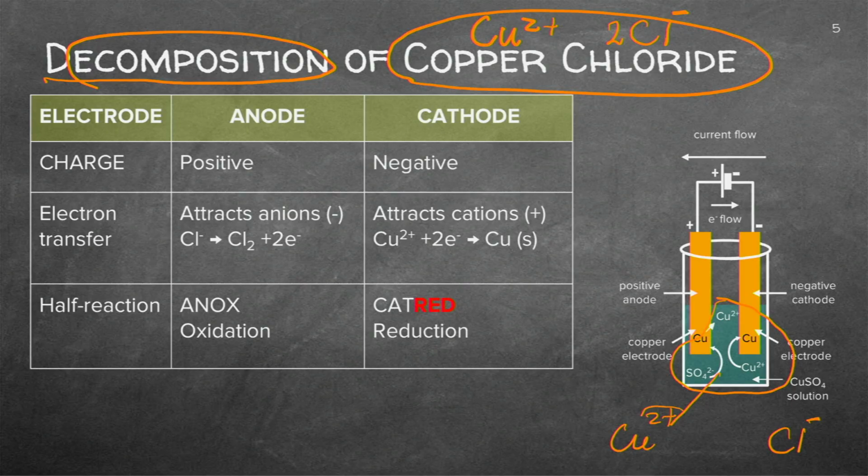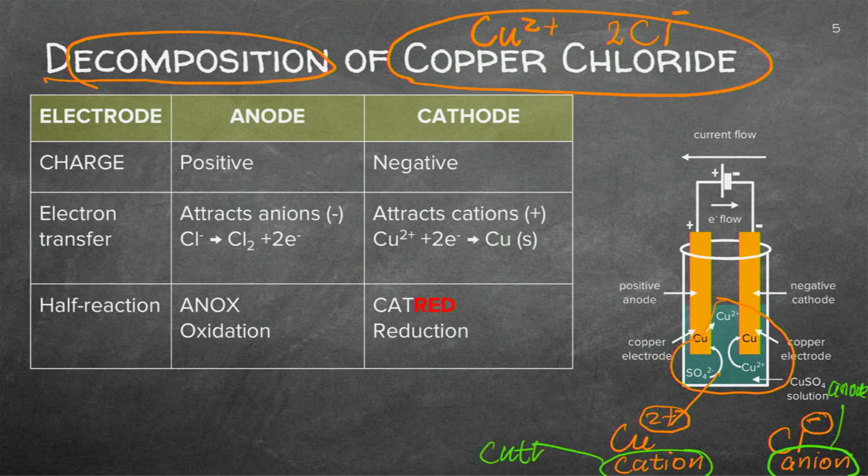These will be the positive and the negative. So this is the anion and this is the cation. And you already know what's going to happen here. The anion will move towards the anode and the cation will move towards the cathode.